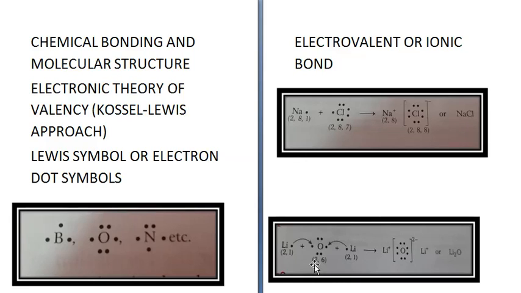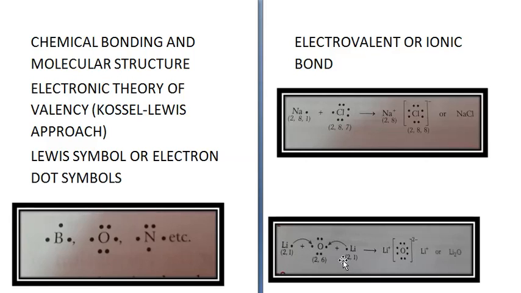Similarly in Li2O. Lithium has the electronic configuration 2, 1 and oxygen has electronic configuration 2, 6. It has 6 electrons in the outermost shell, so it will get electrons from 2 lithium atoms. One lithium atom gives its electron and oxygen becomes 7.